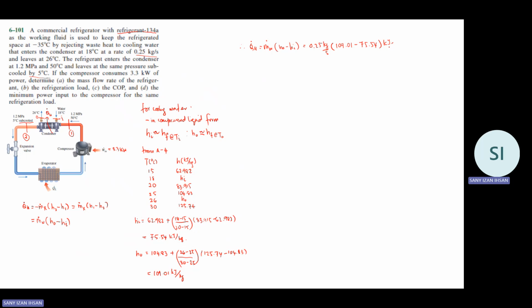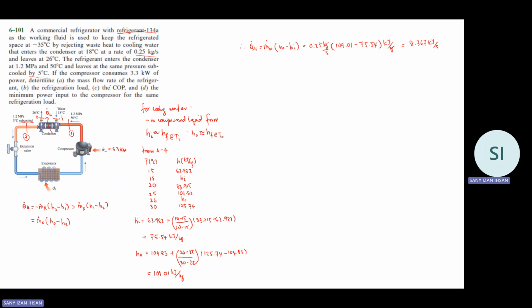The unit is kilojoule per kilogram. So cancel kilogram, you have kilojoule per second. That value turns out to be 8.367 kilojoule per second. So that will be the QH.